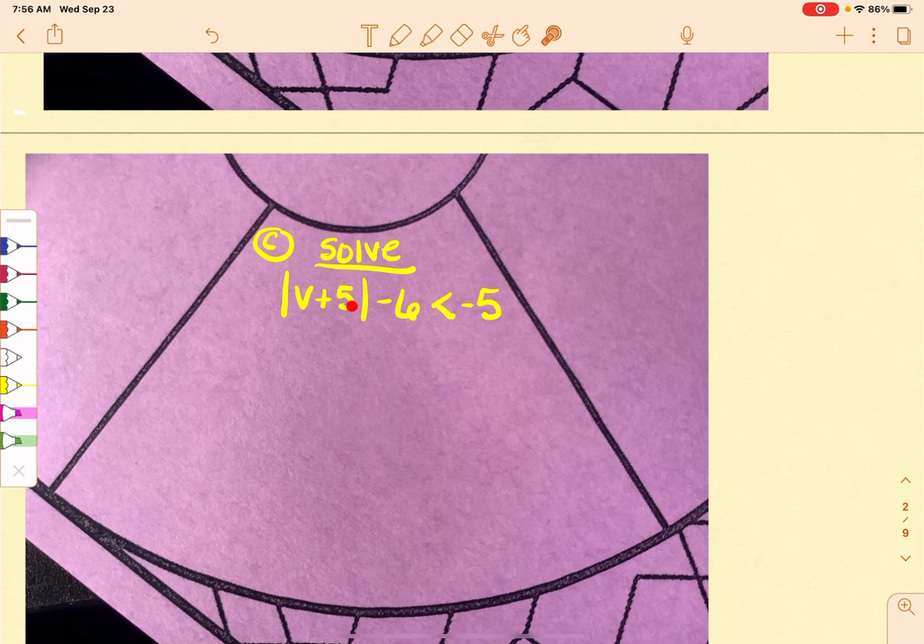To get this absolute value by itself, I've got to get rid of this -6. So instead of subtracting 6, we're going to add 6. So I have the absolute value of v plus 5 is less than 1.